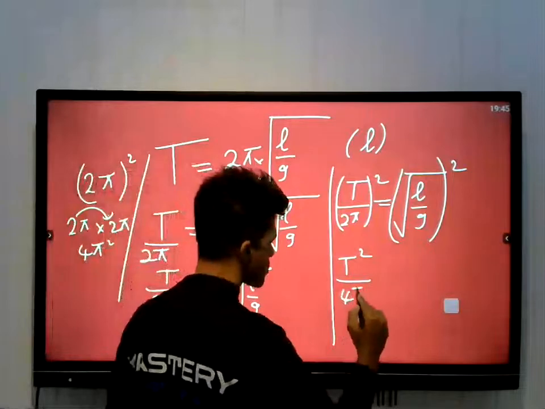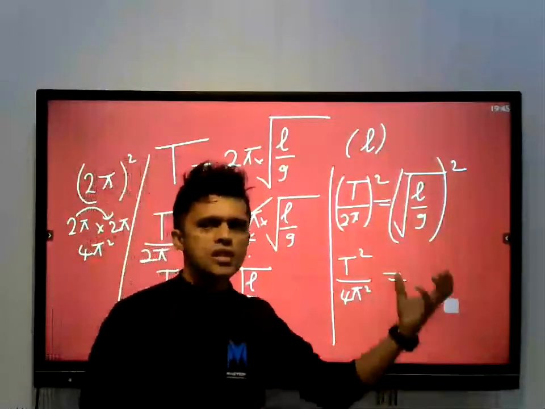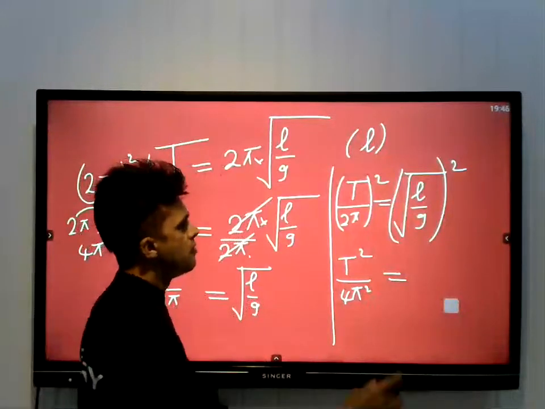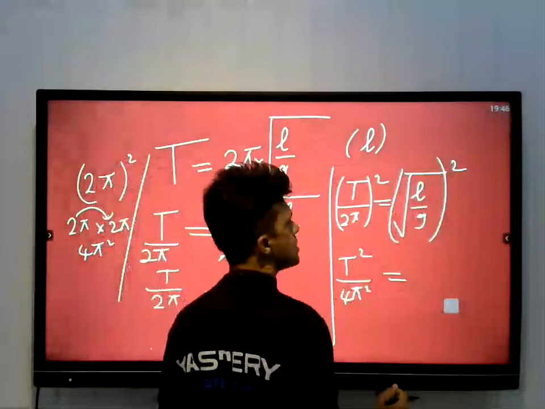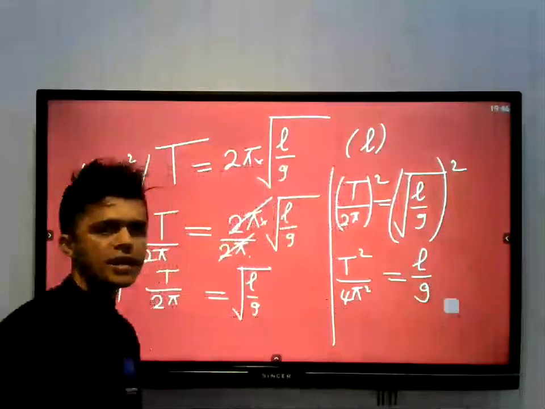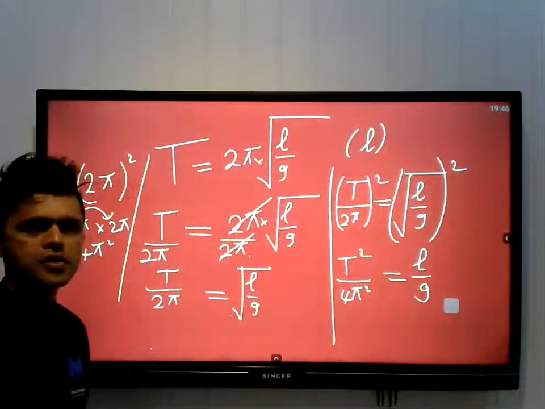So t square over 4π square equals, and root L over g whole square means L over g. Then t square over 4π square equals L over g.